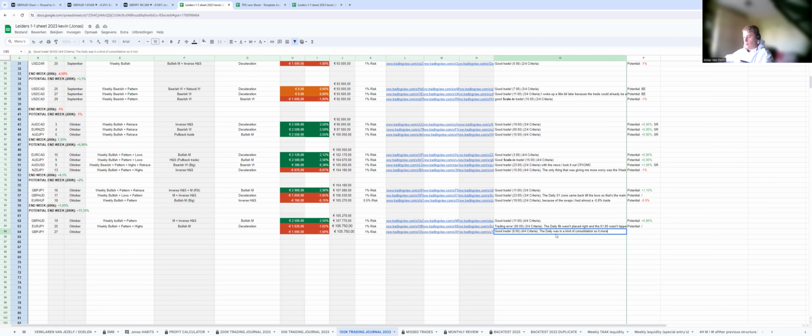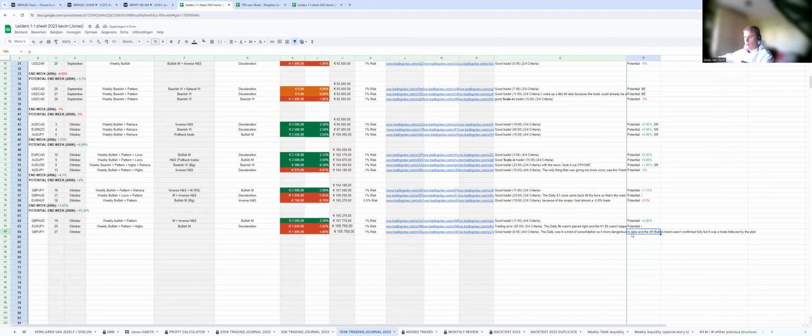So it was more dangerous to take, and the 4-hour bullish trend wasn't confirmed fully, but it was a trade followed by the trend, followed by the plan. Good.